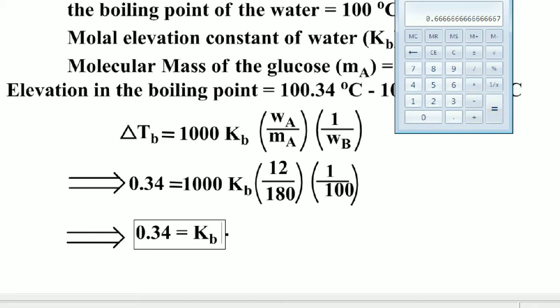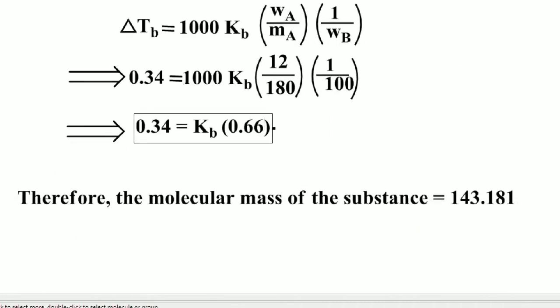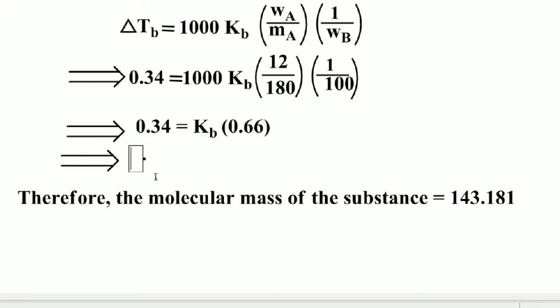Therefore students, we get 0.34 equals kb into 0.66. That implies kb is equal to 0.34 divided by 0.66.